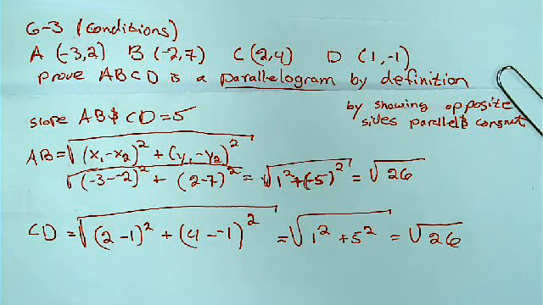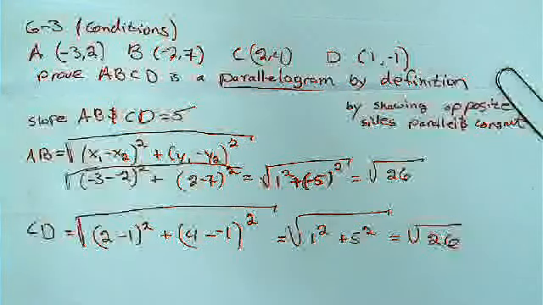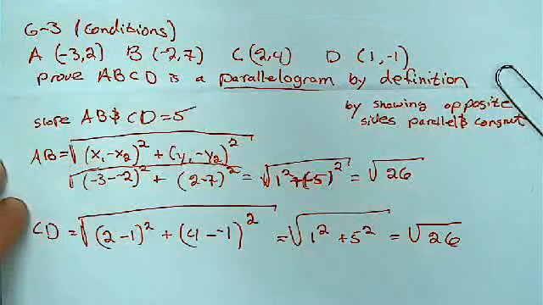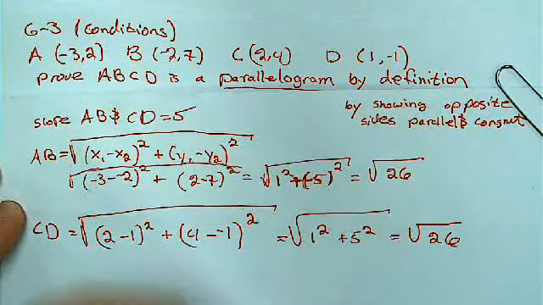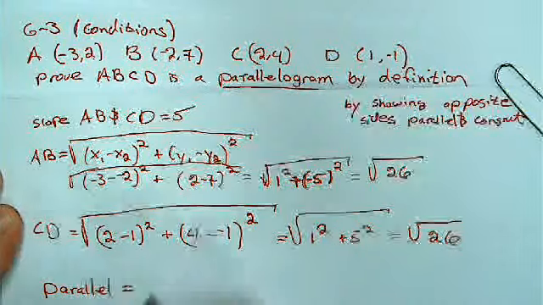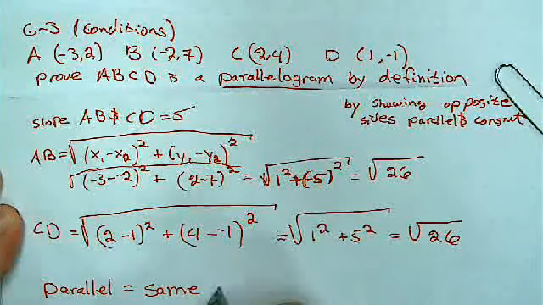My main goal here was really to get to the distance formula as part of the review. So that if a problem says, hey, verify that this works by showing opposite sides are congruent, or a pair of sides is parallel and congruent, you remember that's what you're going after. Parallel means that you're looking for the same slopes.